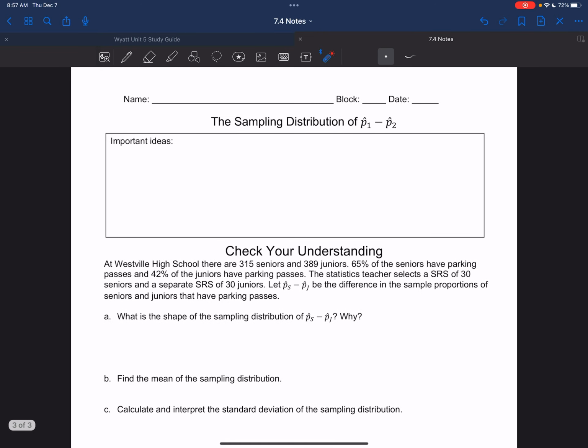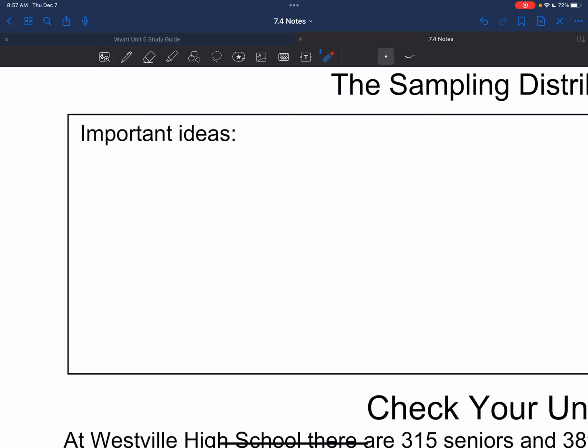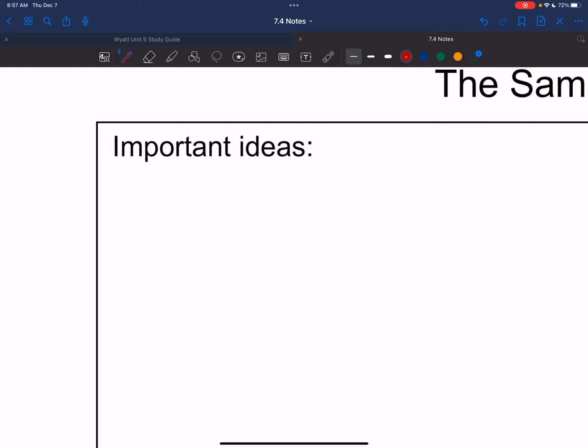All right, so a couple of important ideas to take away. Number one is the sampling distribution for p hat 1 minus p hat 2.